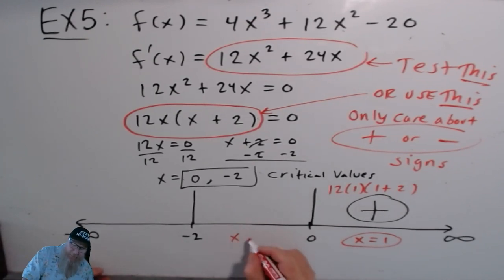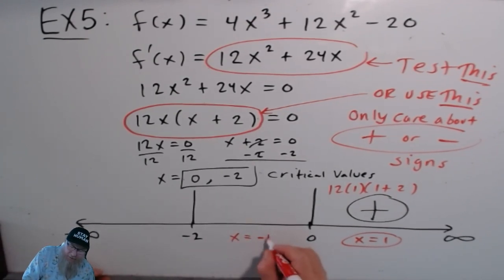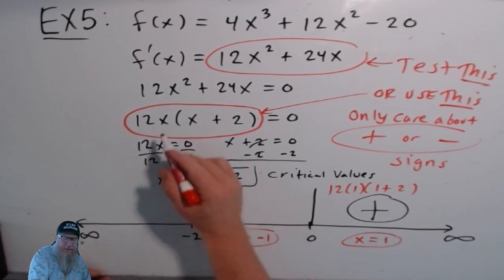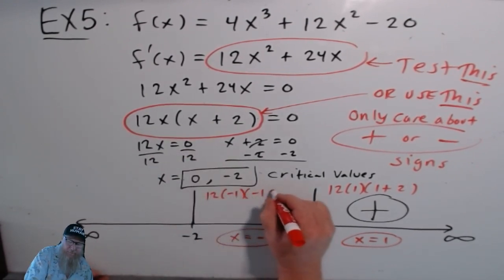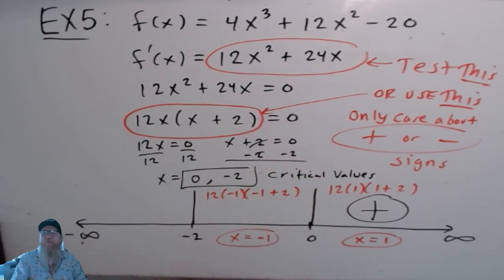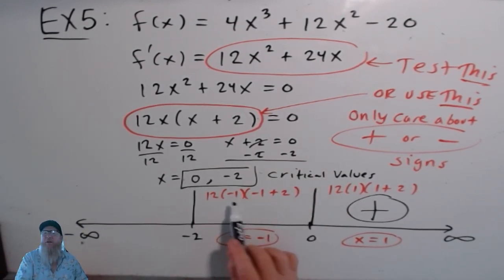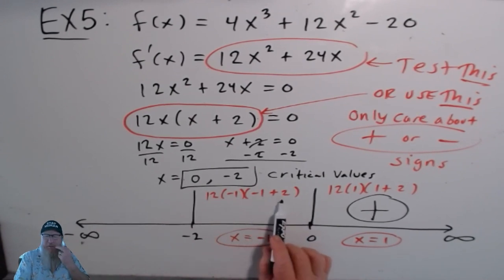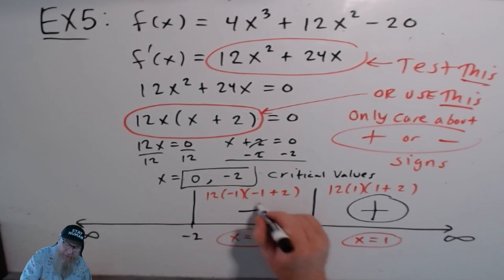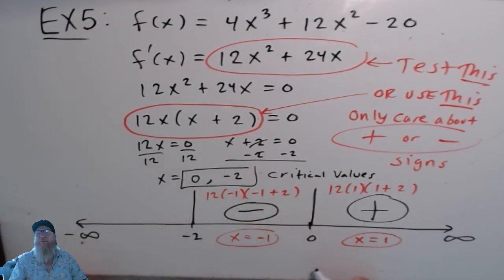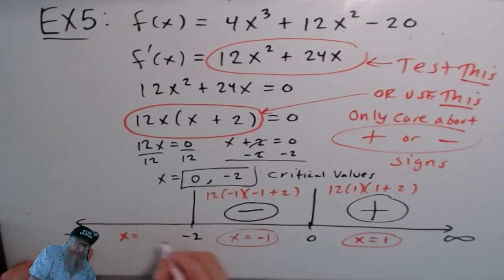Now pick a number between -2 and 0, like -1, and plug it into here. 12 times -1 is negative. -1 plus 2 is positive. You have a negative times a positive, so that's going to be negative. Finally, pick a test value over here, -3.